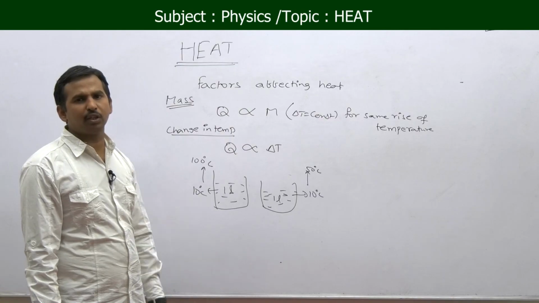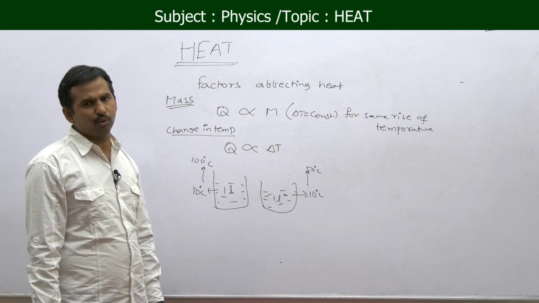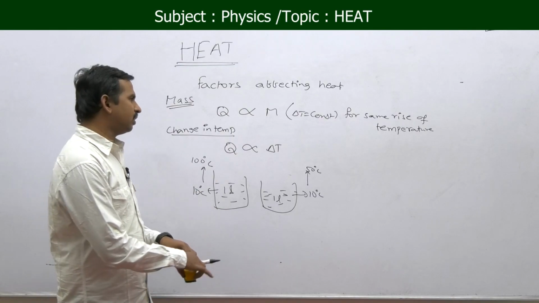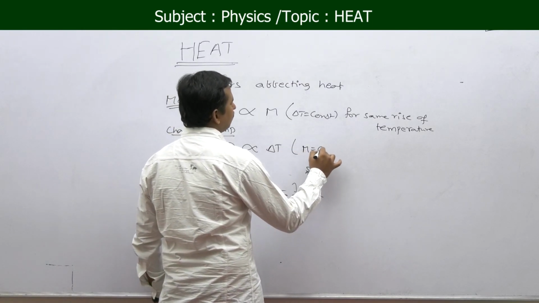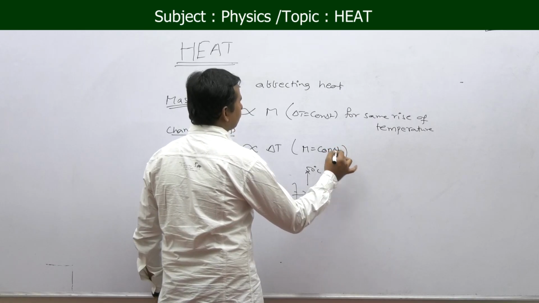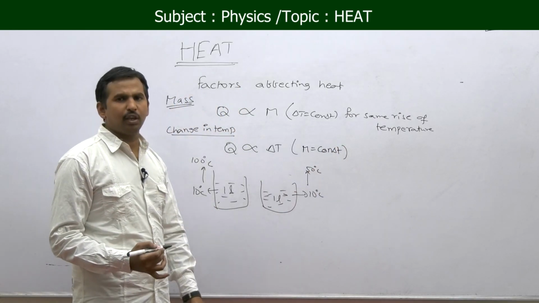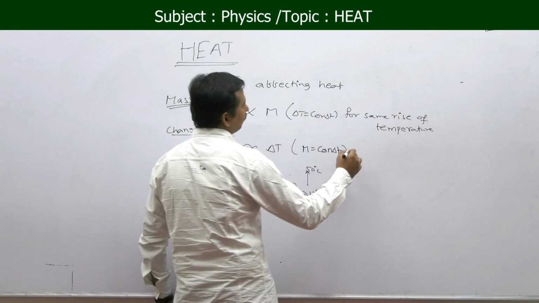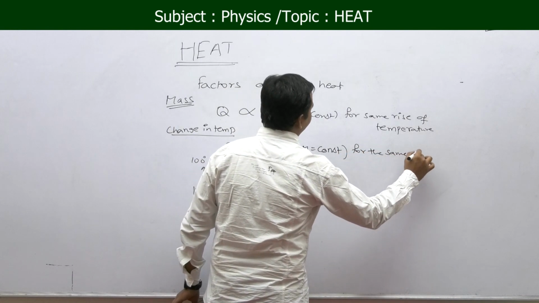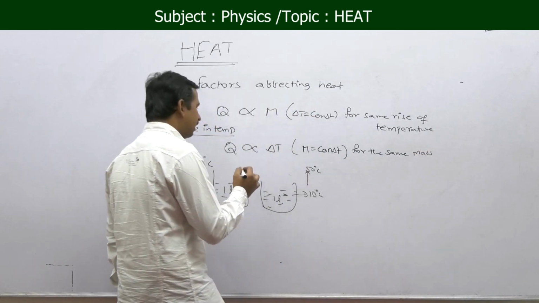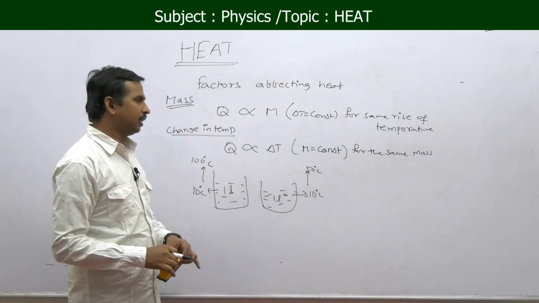That's why the amount of heat energy required there is more. In both cases we are taking the same amount of mass, means mass is constant. So for the same mass, heat energy is directly proportional to delta T.